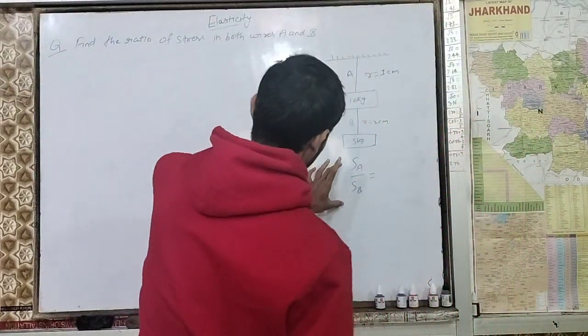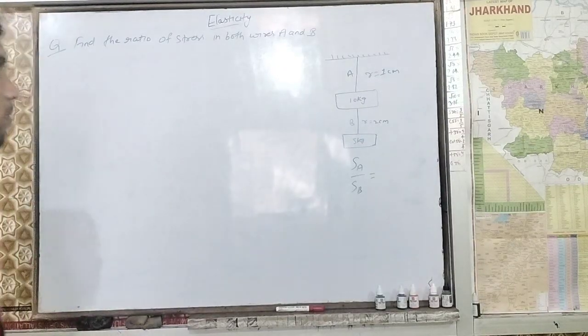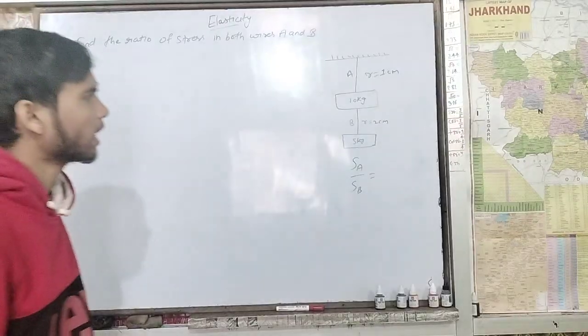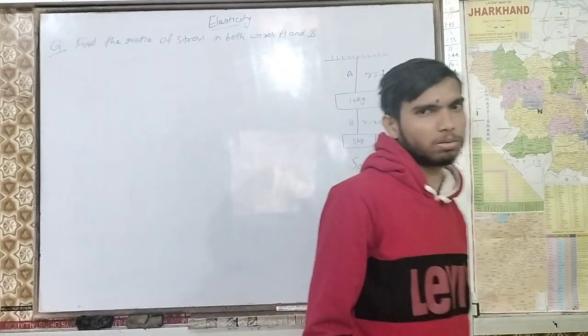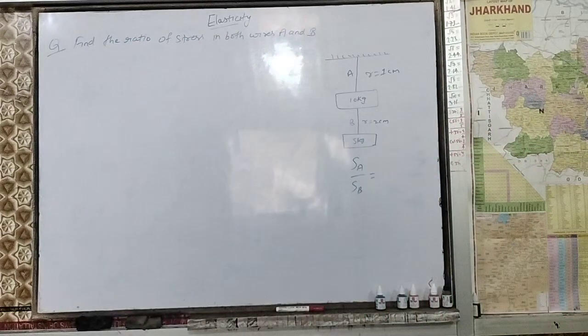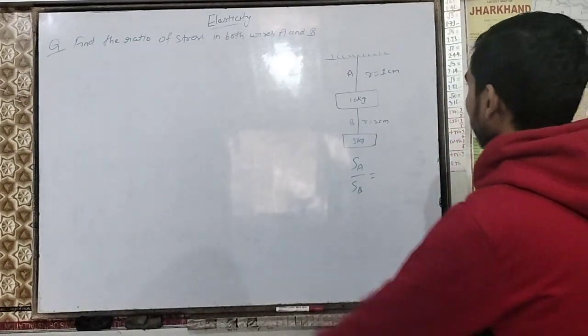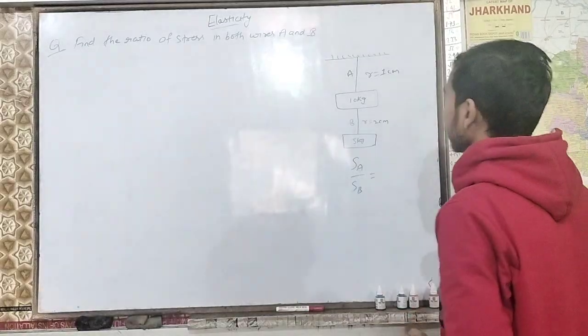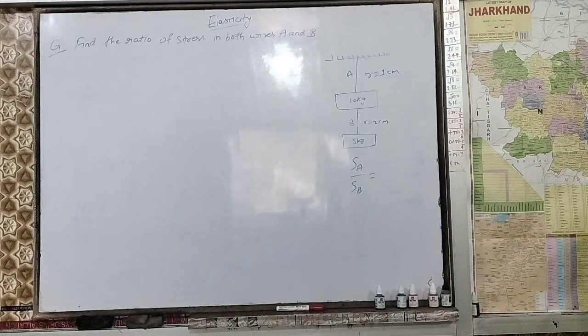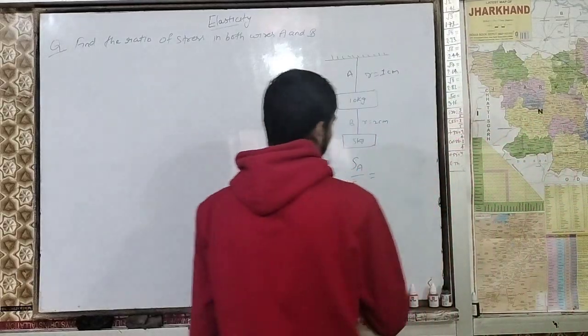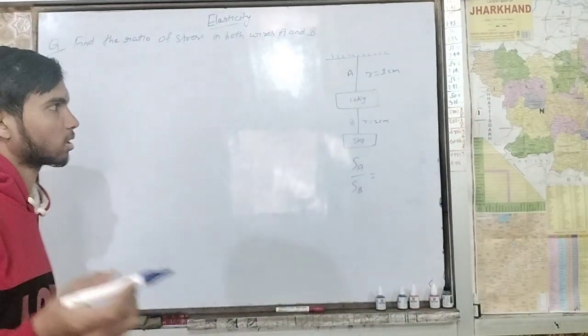Question is asking this thing. Will we care about mass? No, I think it's not a requirement. The required things are the radius of the wire and the force. Yes, force is compulsory. This mass came for the force.